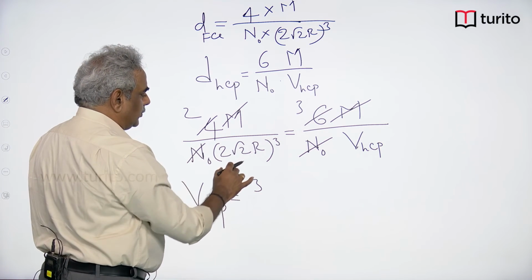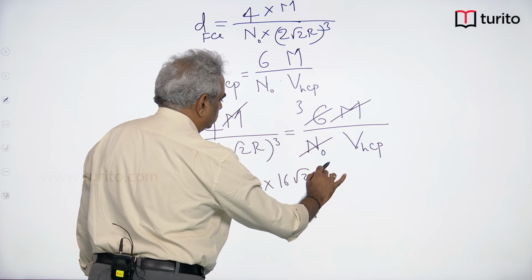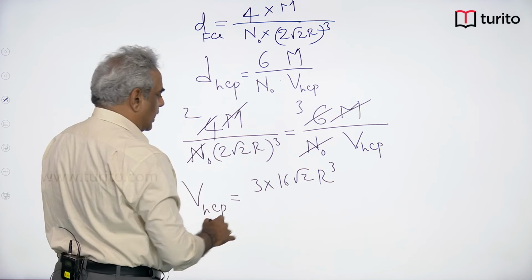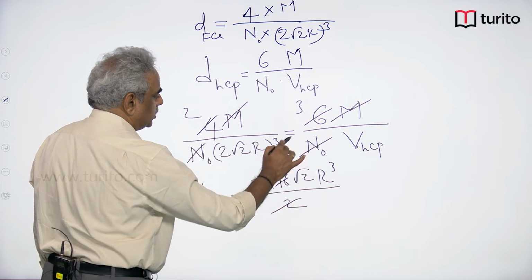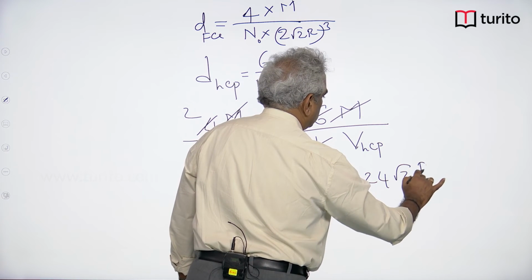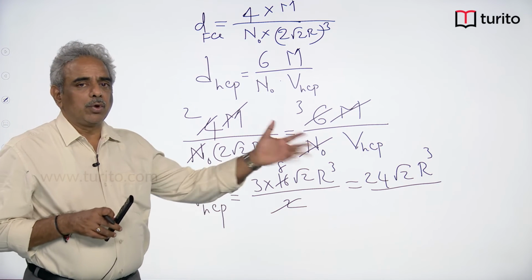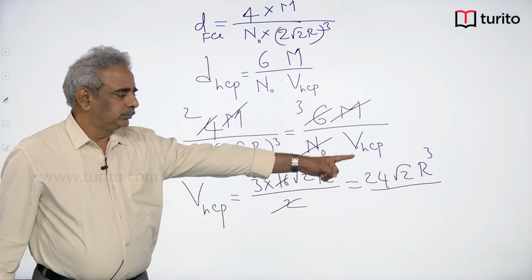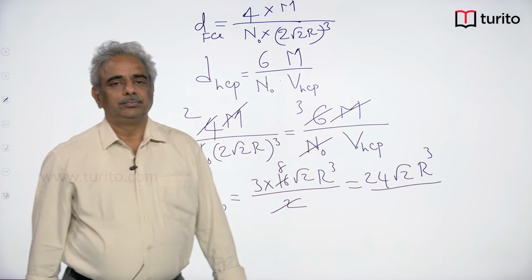This is 16 root 2 r cube by 2. This 2 goes 8 times. So, I got 24 root 2 r cube. So, however you calculate, volume of a HCP unit cell is 24 root 2 r cube.